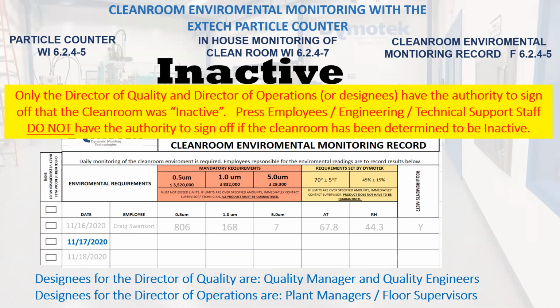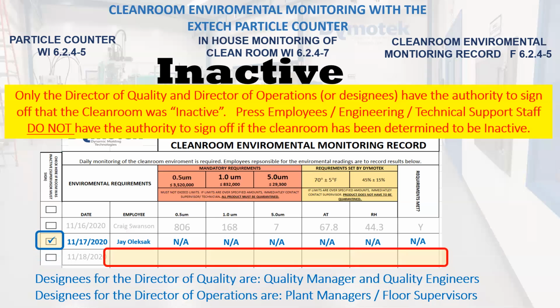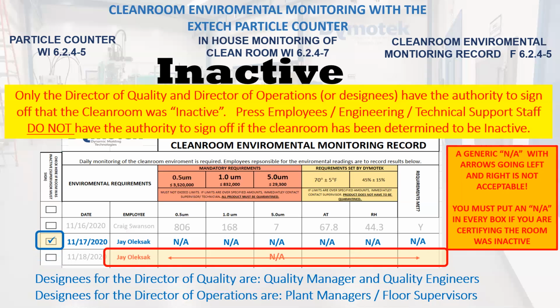If the room is going to be certified as inactive, the authorized employee will check off that the room was inactive, sign their name, and write NA in all the boxes going across. To show you an example of an improper way to sign off if the room was inactive would be to draw an arrow with one NA going left to right.